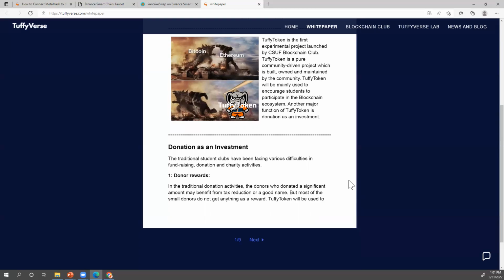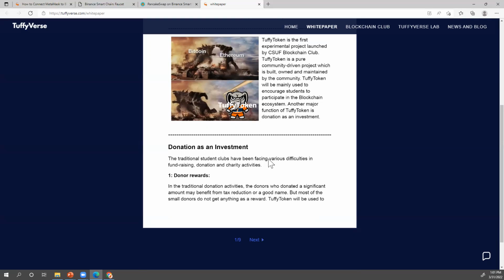For other university clubs, the university has a procedure for how the student club gets a budget from the university and how to use this budget. But in the crypto space, the university lacks mechanisms to manage the procedure, and the club has difficulties in fundraising, donation, or charity activities.